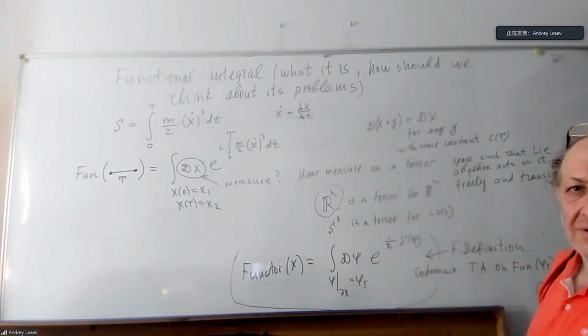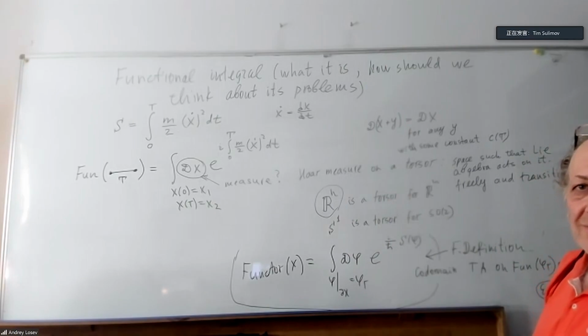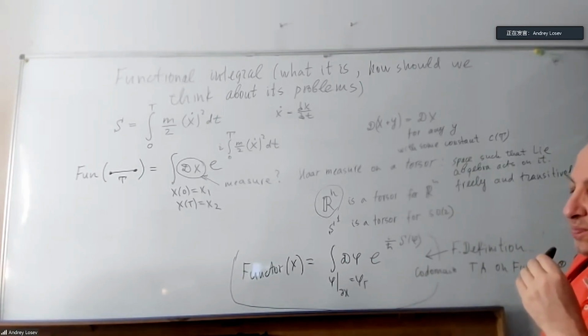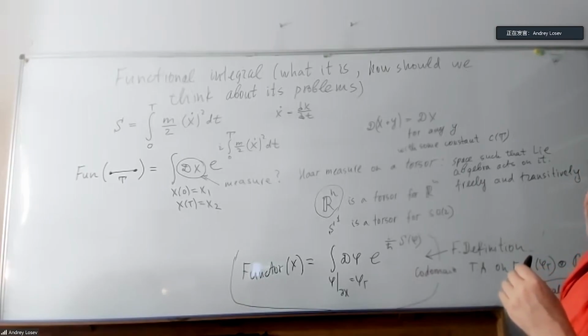Tim, is it clear? Well, not entirely. The space, probably the space of functions. And what is the Lie group? Is it the group of diffeomorphisms? No. Okay, the Lie group is the following. Suppose you have a function space, an affine space. You can add to a function another function.